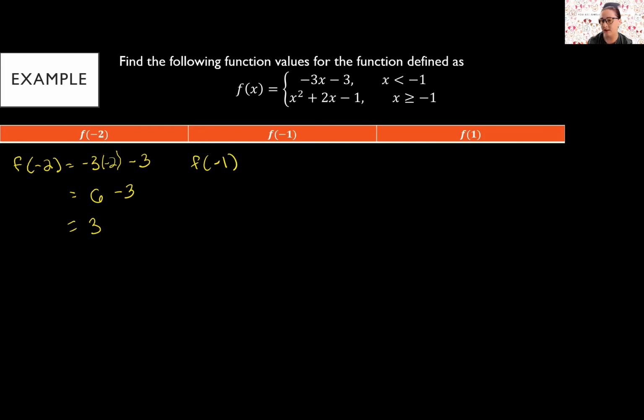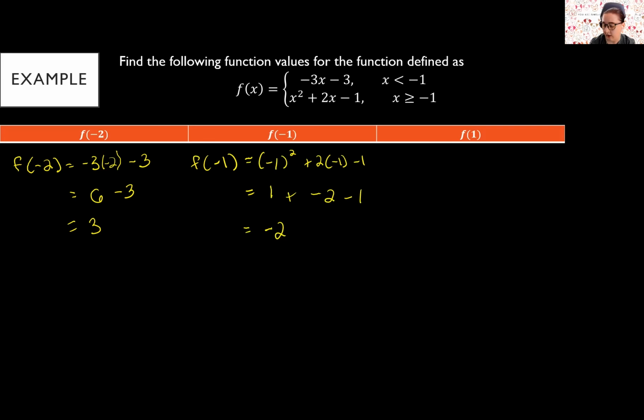So we need to plug -1 into the second equation. When we evaluate this, -1 squared is 1, 2 times -1 is -2, then we've got -1, and you get -2 out.